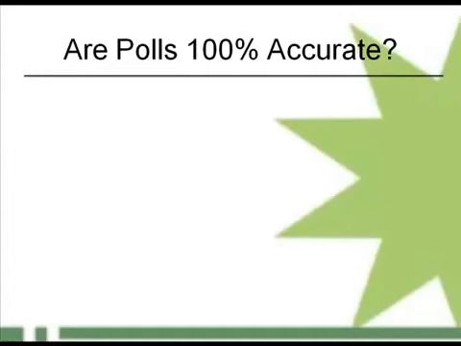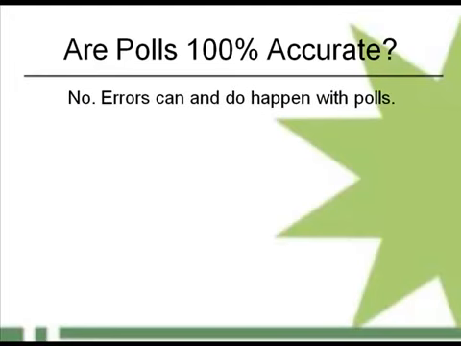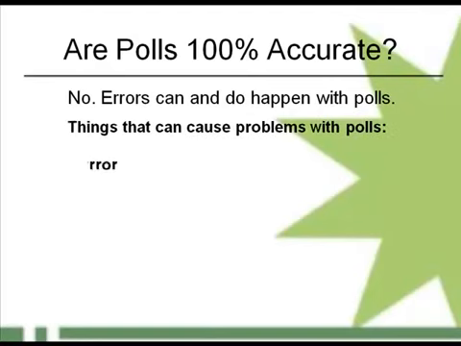So what we have to realize is that polls, if conducted correctly, are very, very close approximations of what the general population is going to feel about a particular question. But we need to realize that there are some errors that can and do happen when a poll is conducted. The first thing that I want you to realize is there's what's called sampling error.